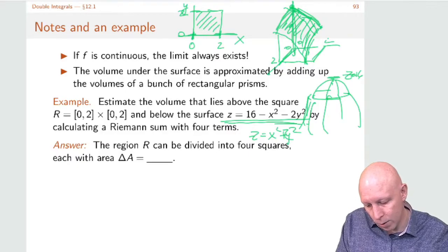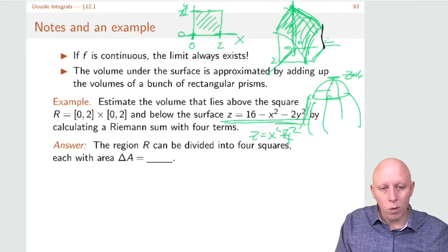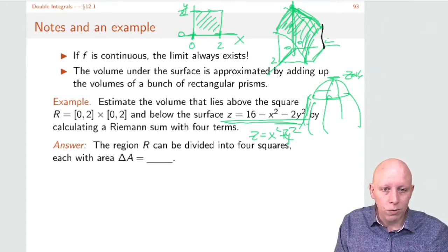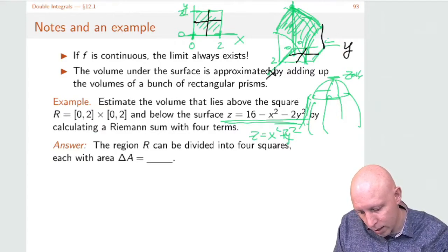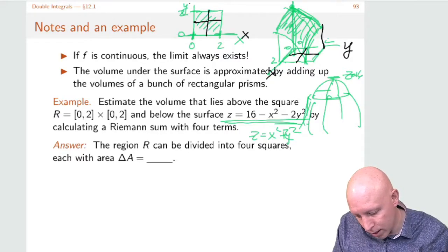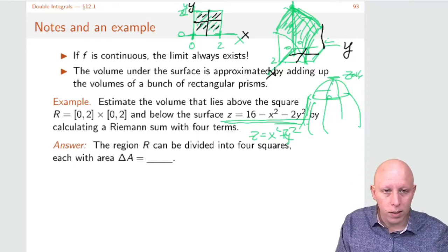All right, so this region, what we're going to do is approximate it using 4 different squares. So we take our region, this is x, this is y, and we break this up into 4 different squares.